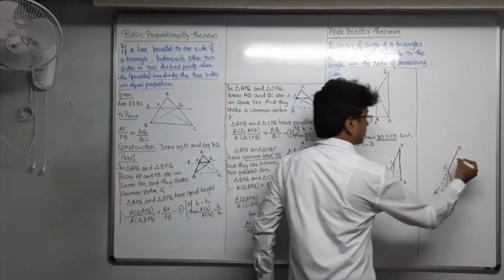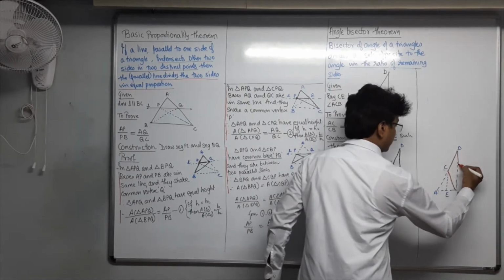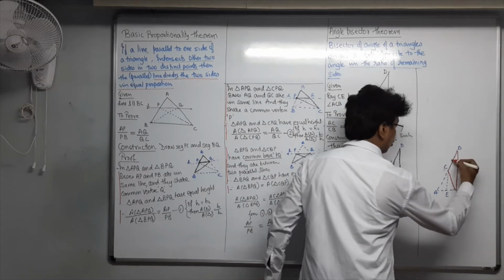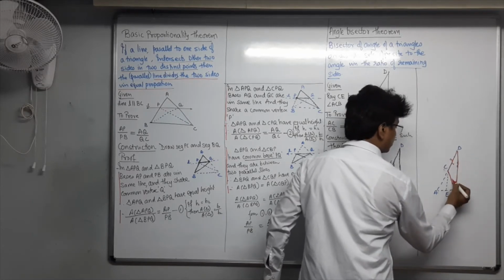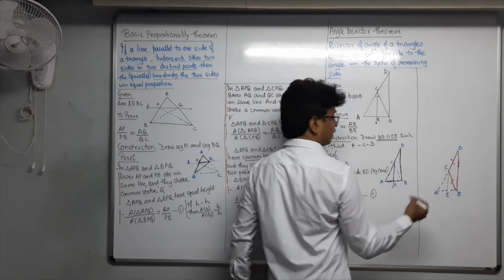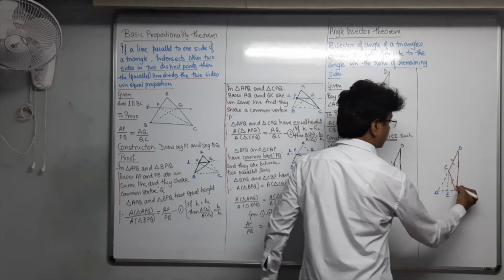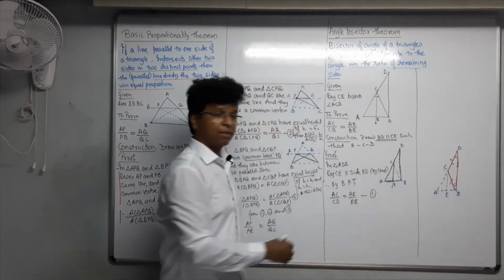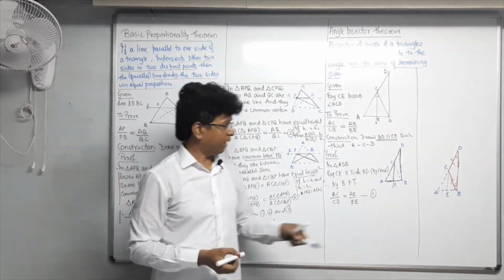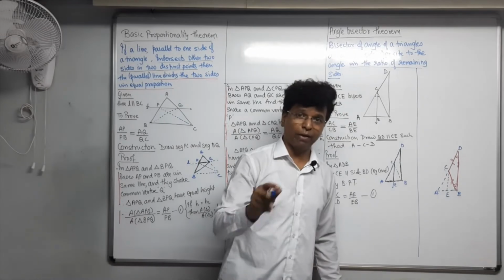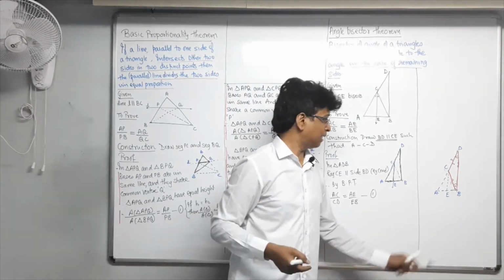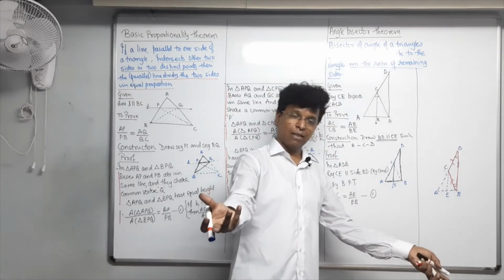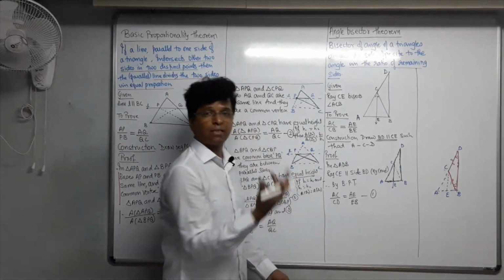See my dear students, if I consider this triangle CDB, and I have to show CD is equal to CB, then I just have to show that this is an isosceles triangle, that this angle is congruent to this angle. If I am able to show that these two base angles are congruent, then I can tell that this is an isosceles triangle, therefore CB is equal to CD. And then in place of CD, I can write CB.